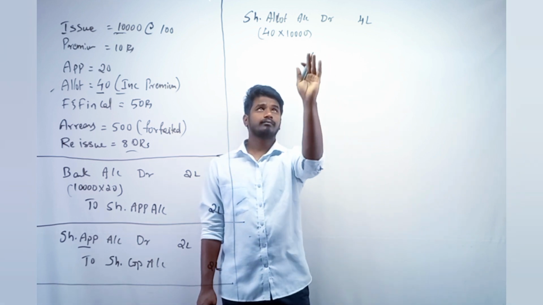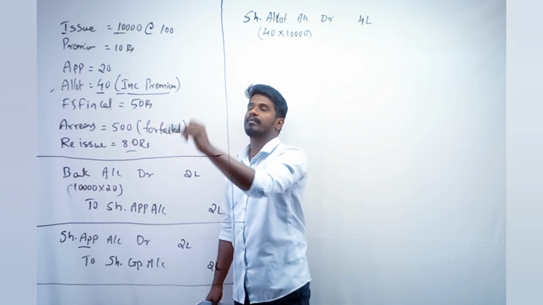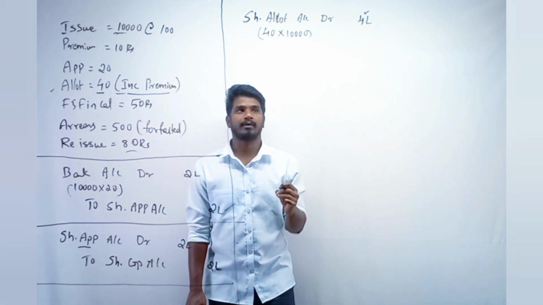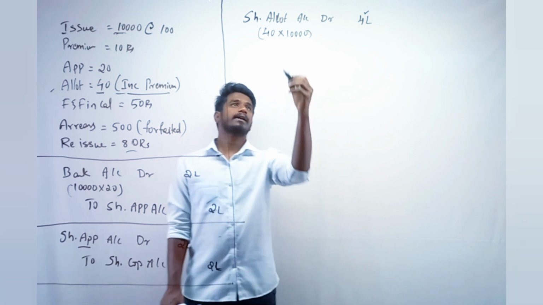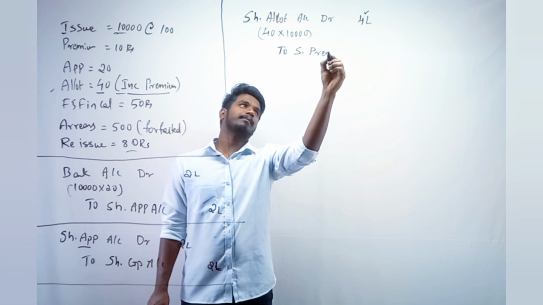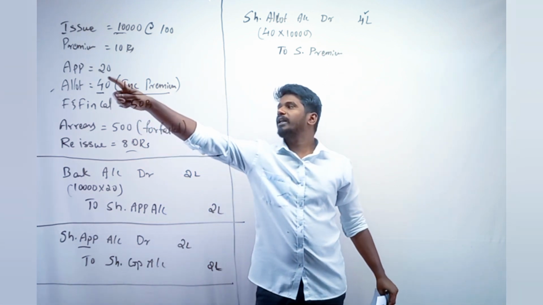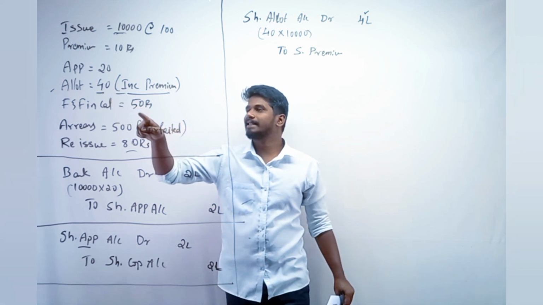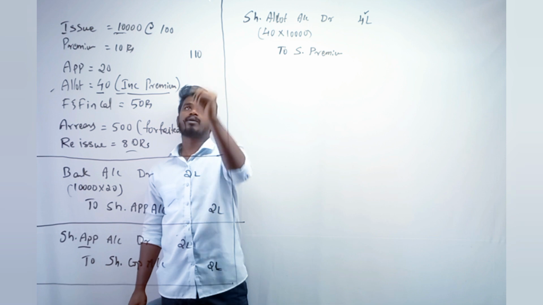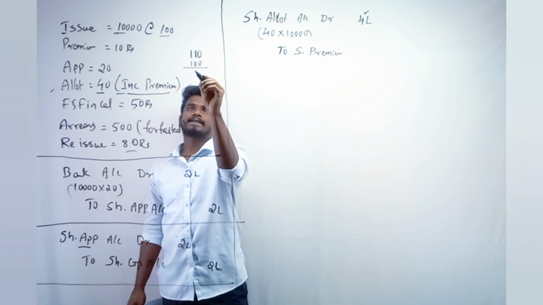Before that, they have given premium. Correct. This amount is including premium. So now we should credit the premium to security premium. How much? 20 plus 40 is 60, plus 50 is 110. So total it will be 110 and the face value is 100. So the excess is 10.